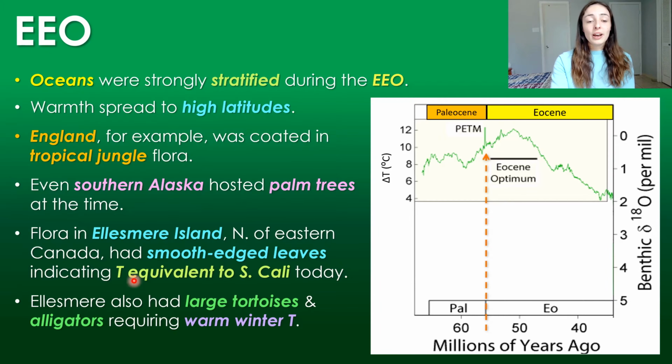Ellesmere also had large tortoises and alligators that required warm winter temperatures. So not only warm summers, but it also had to remain relatively warm throughout the winter, meaning year-long warm temperatures in these really high latitude regions.